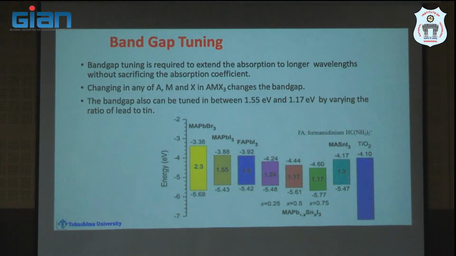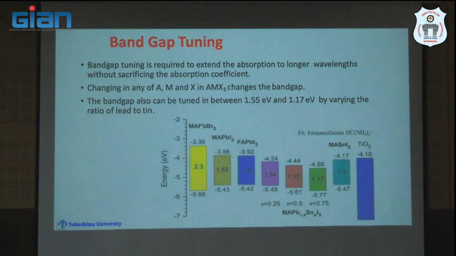So in the search of good material for solar cell, perovskite, and among perovskite there are several combinations. This combination has a certain band gap which is tuned between 1.5 electron volt to 1.17 electron volt. This kind of combination can be varied by the ratio of lead to tin, Pb and Sn.